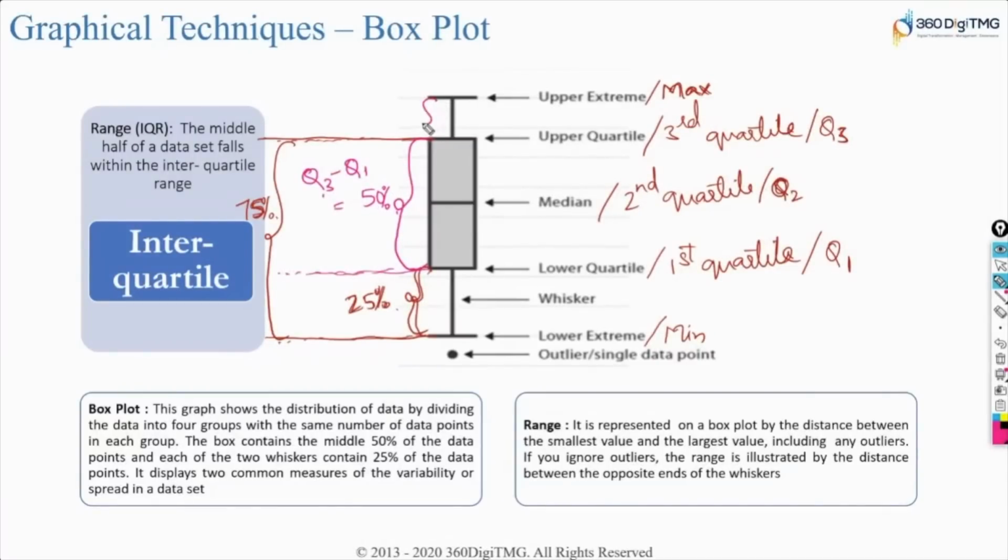And then you have the upper extreme, which also has another 25% of data. Now, point to be noted. If you have any value which falls below this minimum value or above this maximum value, these will be called outliers. Do you have an outlier here? Yes, we have an outlier because it's falling below this.